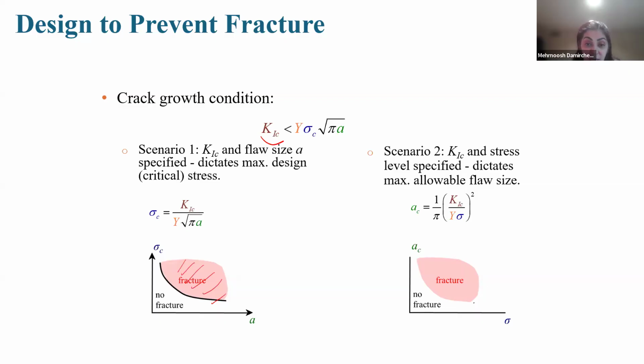Again, it is the border. If A is less than this AC at this sigma, everything is safe and the component will be in a safe condition. If A is more than this, as you see, fracture will occur.